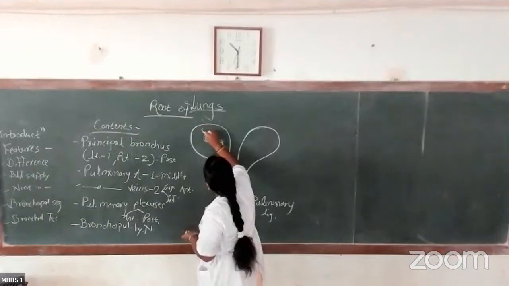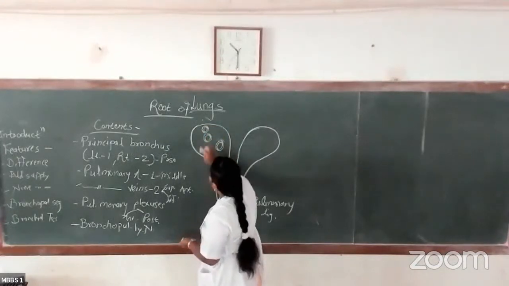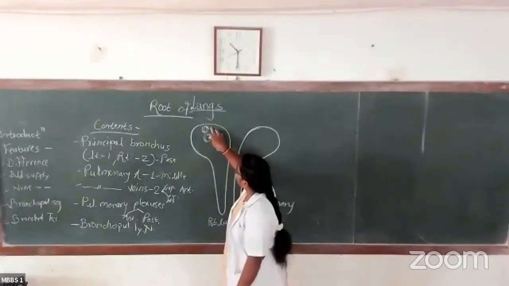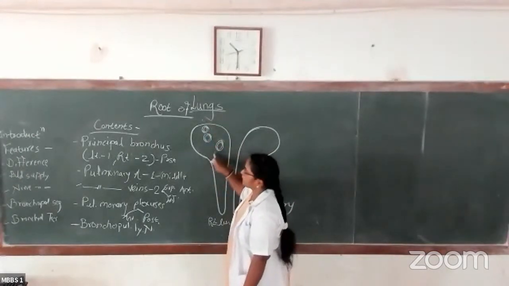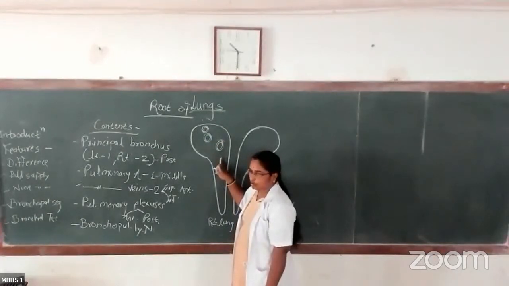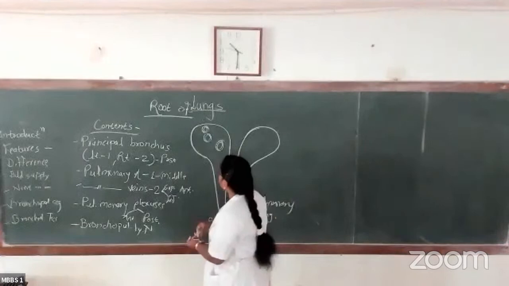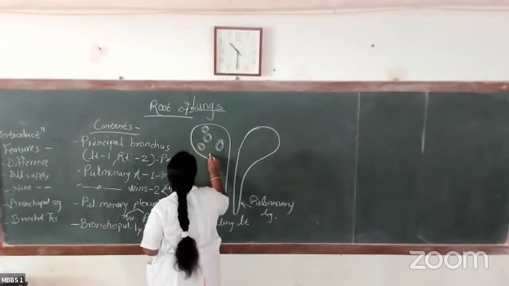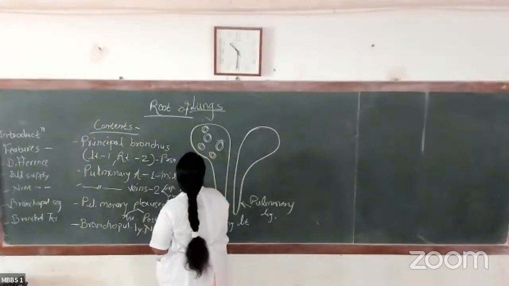Again, there is a bronchus. In case of right lung, there are two principal bronchi. That is, the upper one is called the epiarterial bronchus, and the lower one is called the hyparterial bronchus. There are two pulmonary veins, superior pulmonary vein and inferior pulmonary vein.